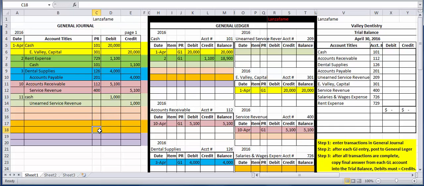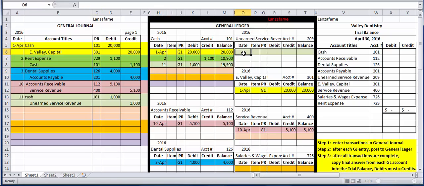Okay, so let's post. Let's go update the cash account. Date is the 11th. G1. We're going to debit cash for $1,000. So our cash is going to go up by 1,000. So now we're sitting at 19.9. Cross-reference back with the 101.